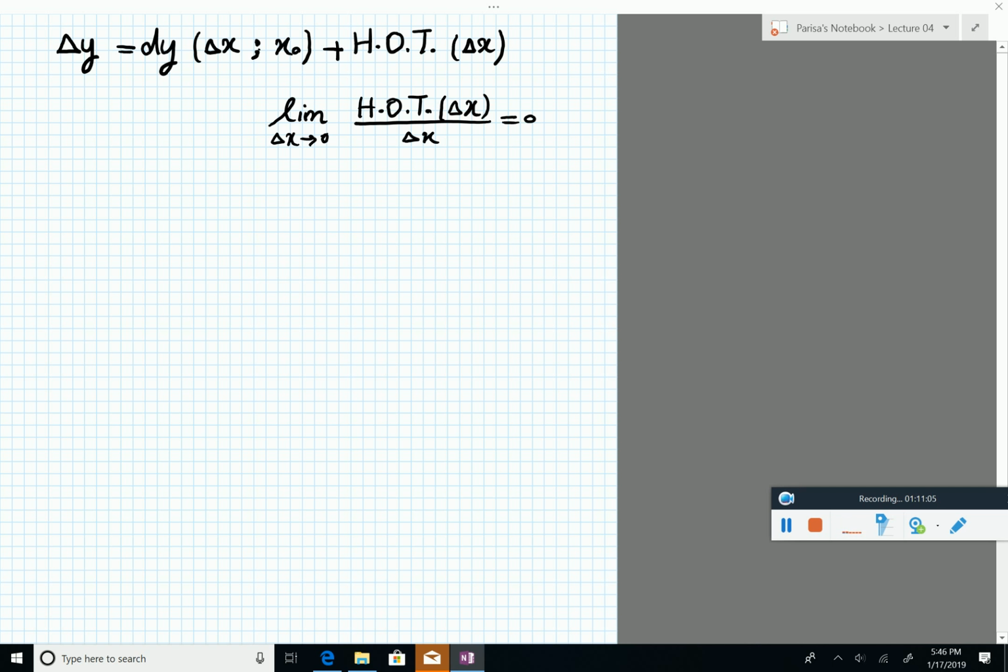So pay attention, I can interchange delta x and dx, but I cannot interchange delta y and dy. X is the independent variable. If you say dx, typically you mean a smaller change, x minus x naught.